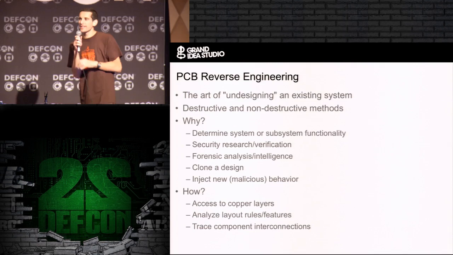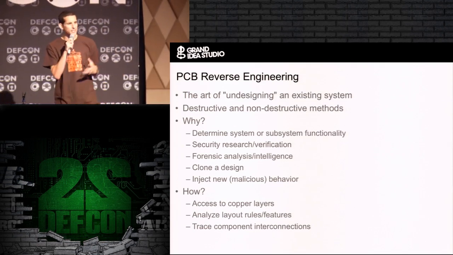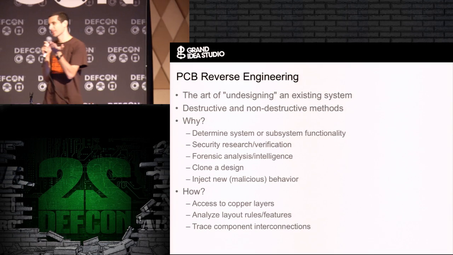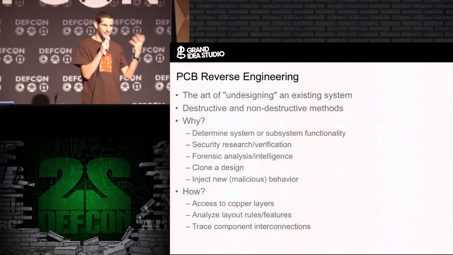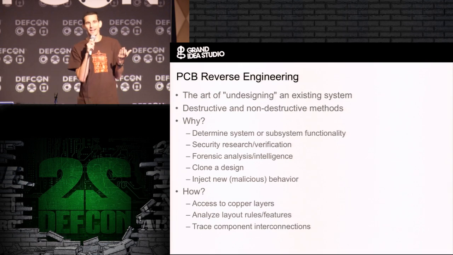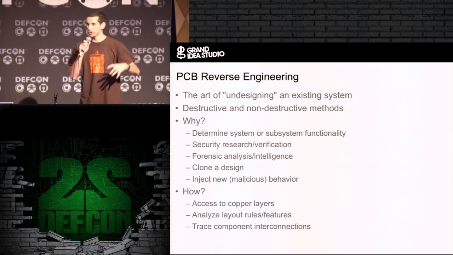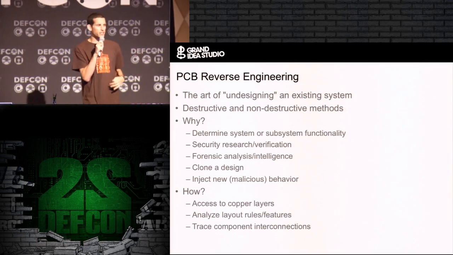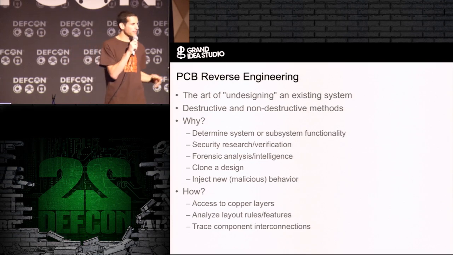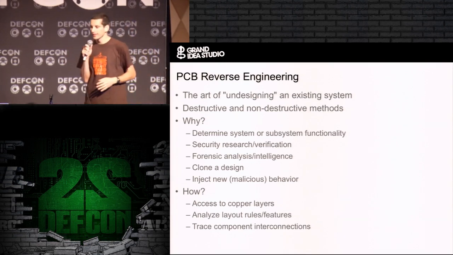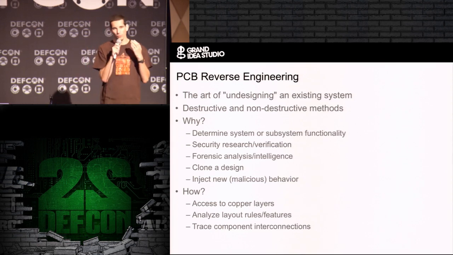Okay, so just to get started, reverse engineering PC boards isn't really that much different than reverse engineering anything else, except we're looking at a circuit board. So we're basically undesigning a system that's already been built. In this case, for this work, I'm assuming a black box type of scenario. Maybe we open up a product. Maybe we get access to some circuit board in the field that we want to figure out what's going on with.